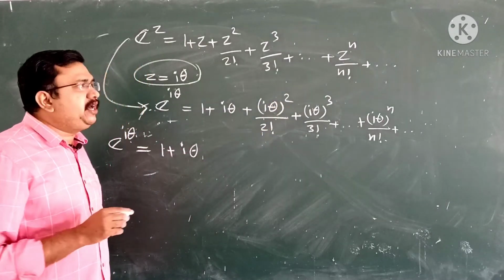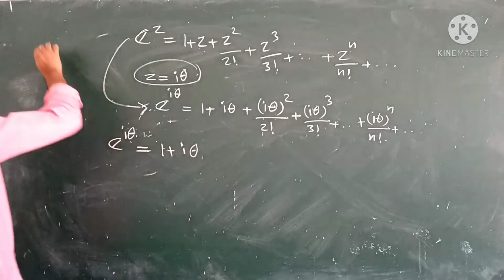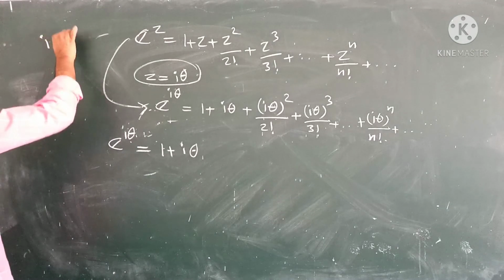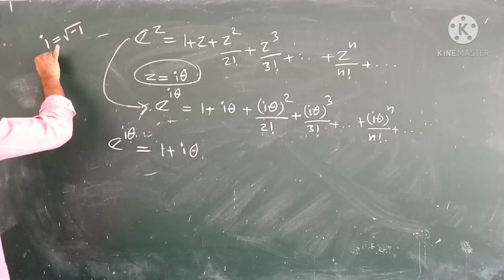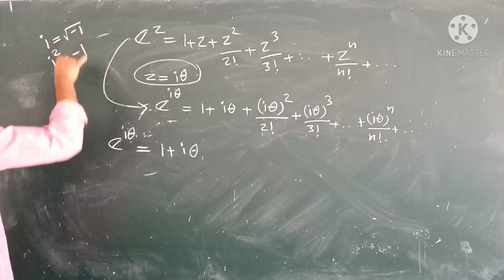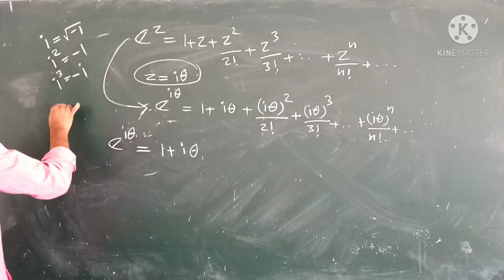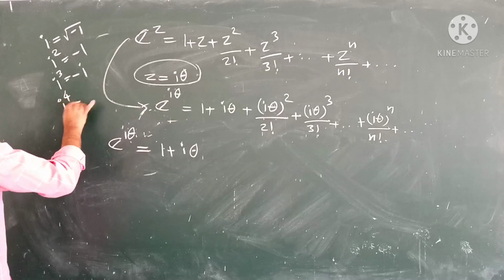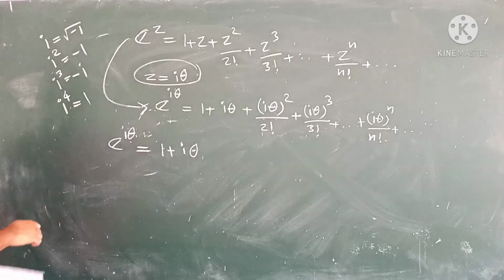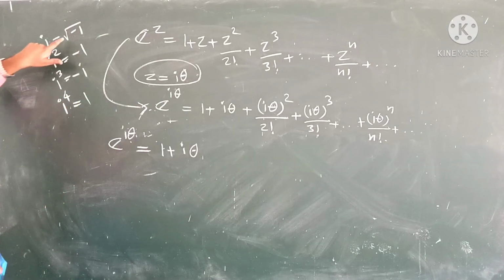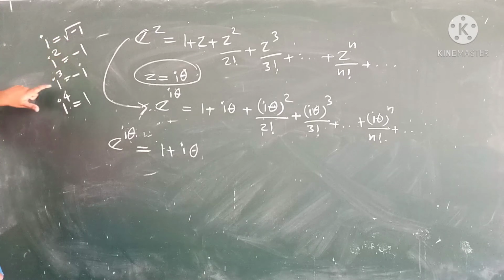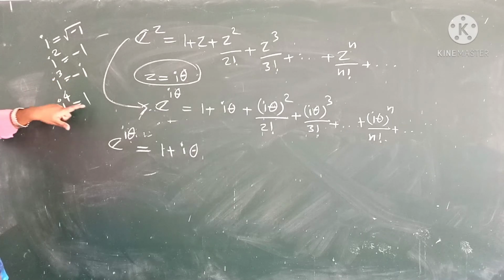What is i square? We know that i equals root minus 1. i square is minus 1. i cube is minus i. i raised to 4 is again plus 1. Remember these values: i equals root minus 1, i square is minus 1, i cube is minus i, i raised to 4 is 1.